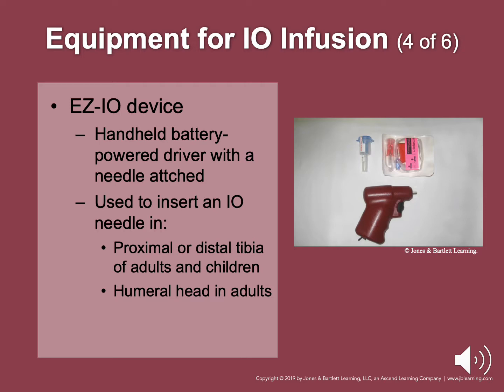The bone injection gun is a spring-loaded device that is used to insert an IO needle into the proximal tibia of the adult and pediatric patient. It uses a safety lock device, and has a stabilization device after the device has been inserted.